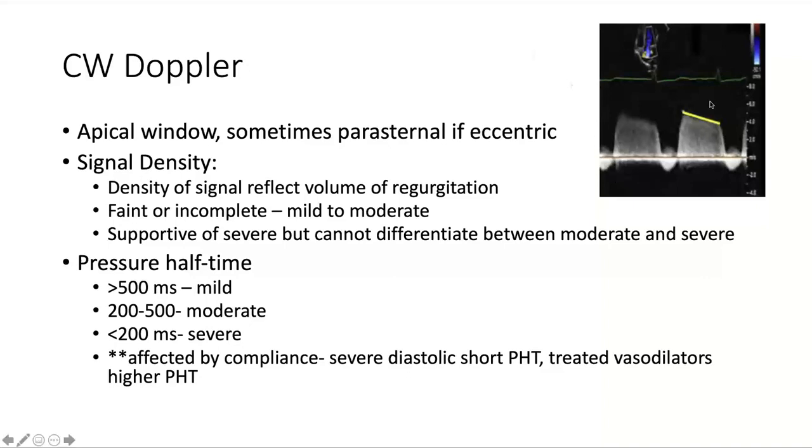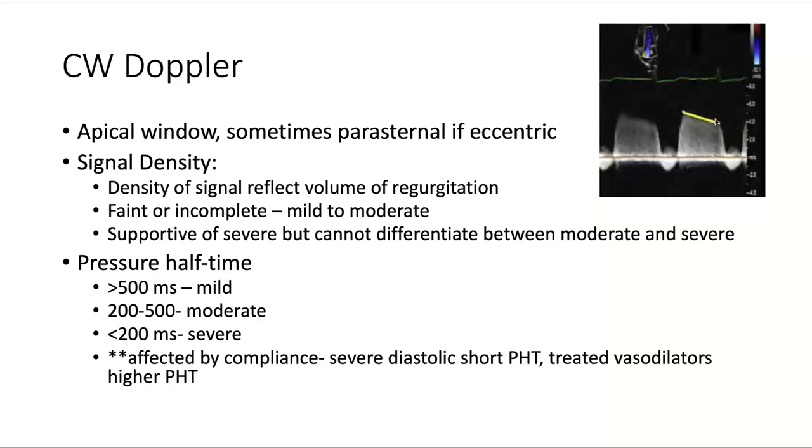The other thing, if you look at the image up here, is pressure half time, measuring the slope from the peak and its deceleration slope down. If the pressure half time is over 500 milliseconds, it's more consistent with mild, 200 to 500 moderate, less than 200 milliseconds severe. Again, some caution: this can be affected by LV compliance.